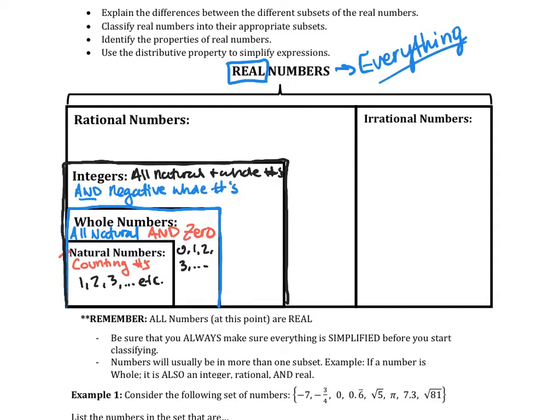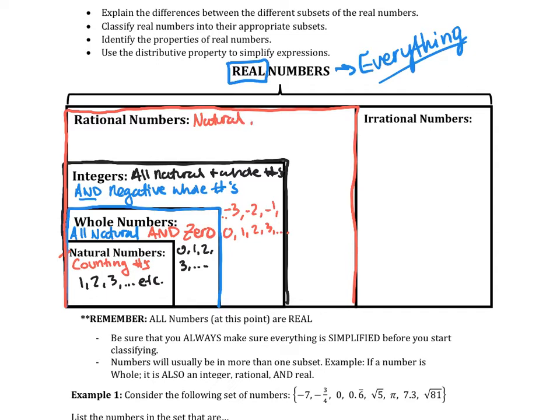So we have like -3, -2, -1, 0, 1, 2, 3, and so on. So integers are positive and negative whole numbers. 0 is included there. Then we have rational numbers, which again, as we go out, rational includes all the integers, all the whole numbers, all the natural numbers.